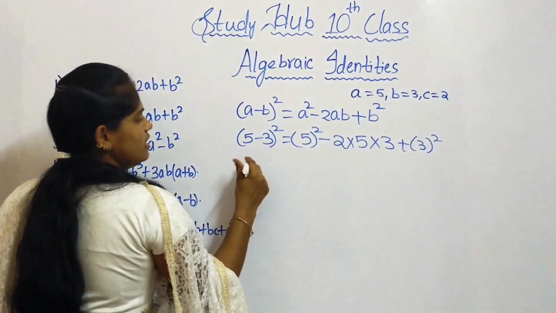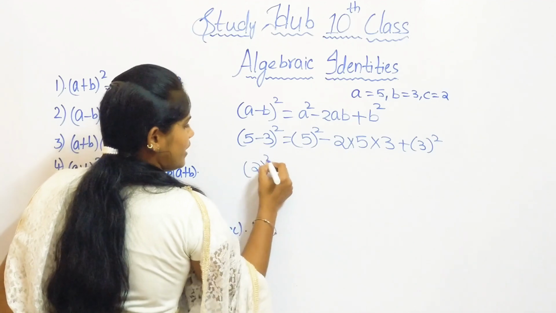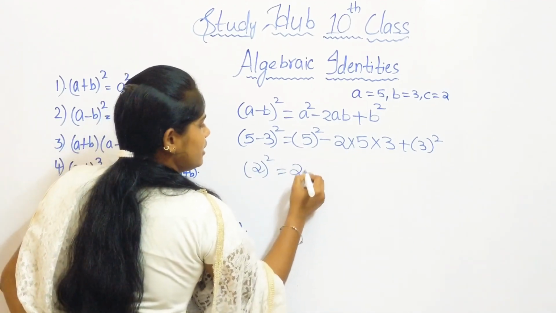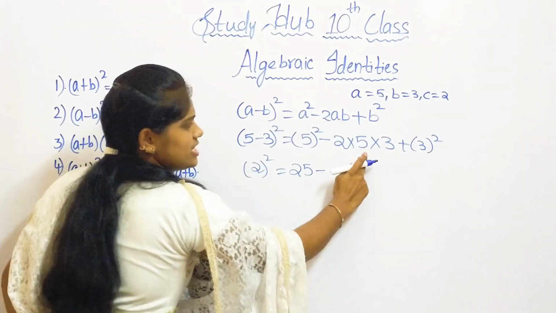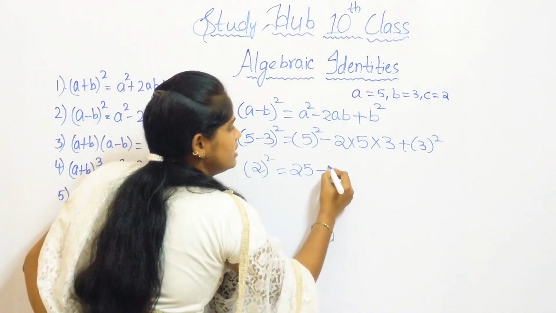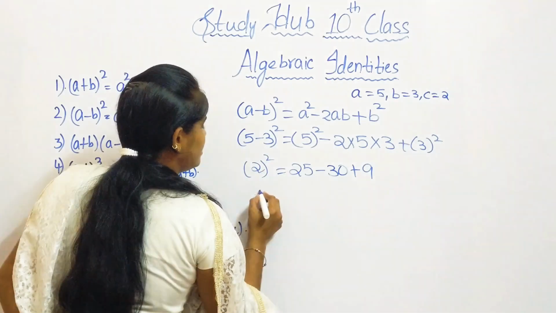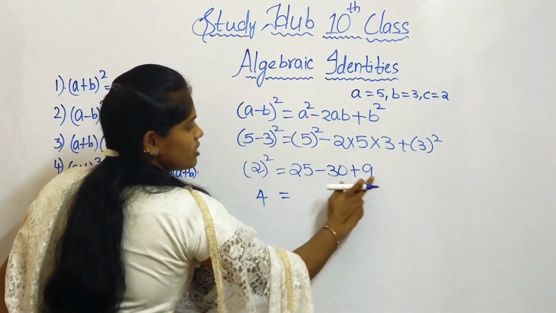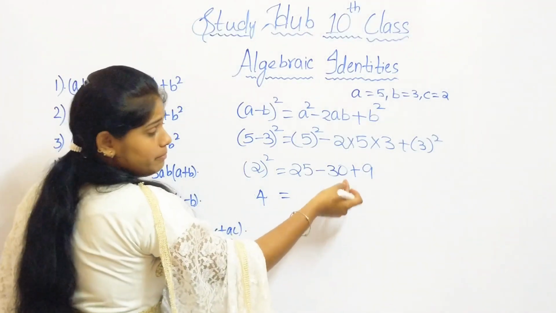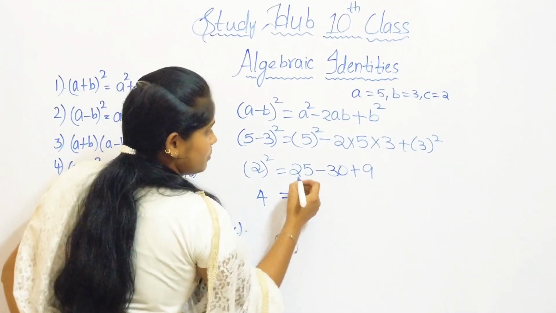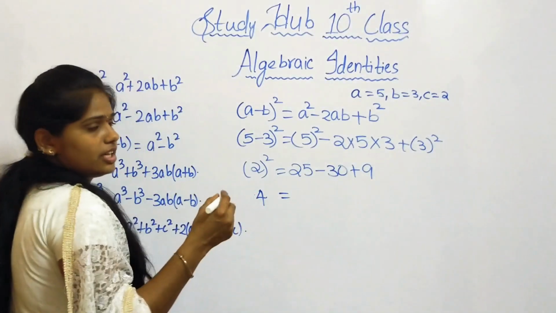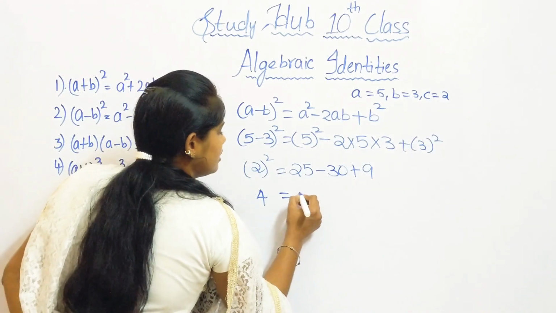Here 5 minus 3 is 2. So 2 square is equals to 5 square is 25 minus 2 5s 10 and 10 3s are 30 plus 9. Here 2 square is 4. Let us add the positive values and then subtract them. 25 plus 9 gives us 34. 34 minus 30 is 4.